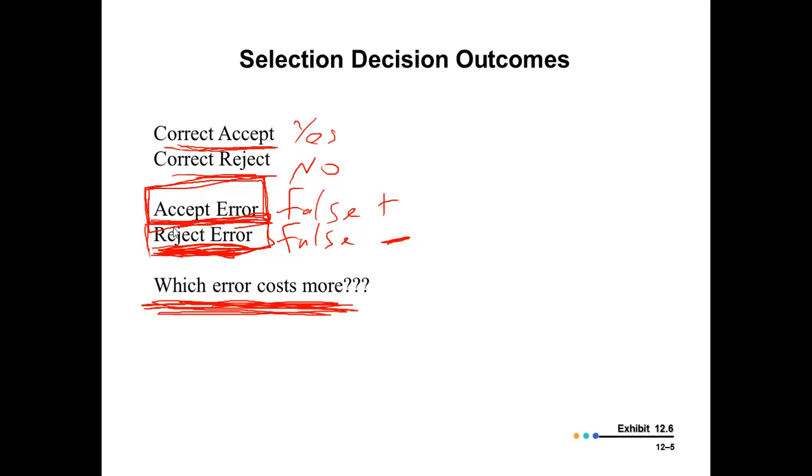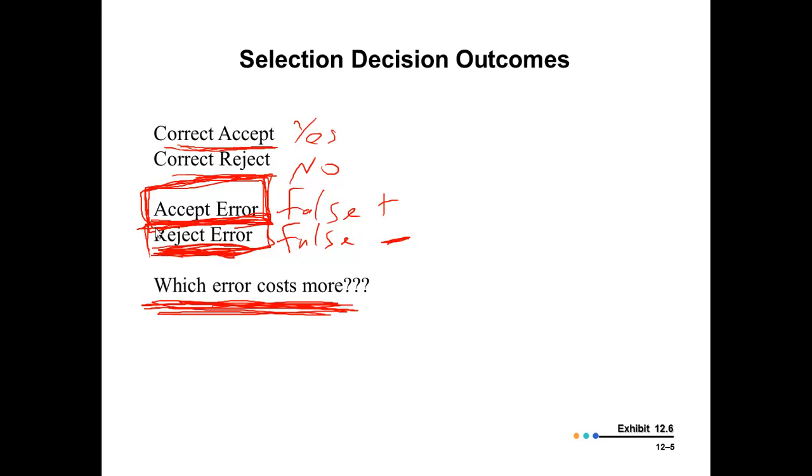Imagine you hire a manager for a job. It takes a certain amount of training and time for them to get acclimated, for you to even determine how well they're doing. And they get on the job, they make some mistakes, people quit as a result of their management, customers leave, whatever. The result is accept errors can be very expensive.